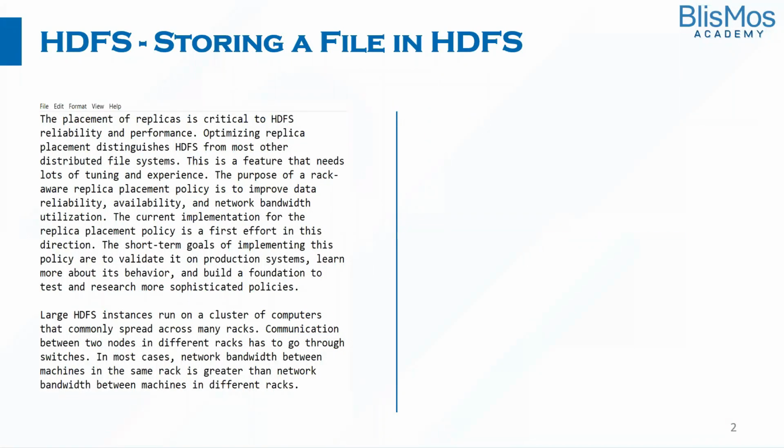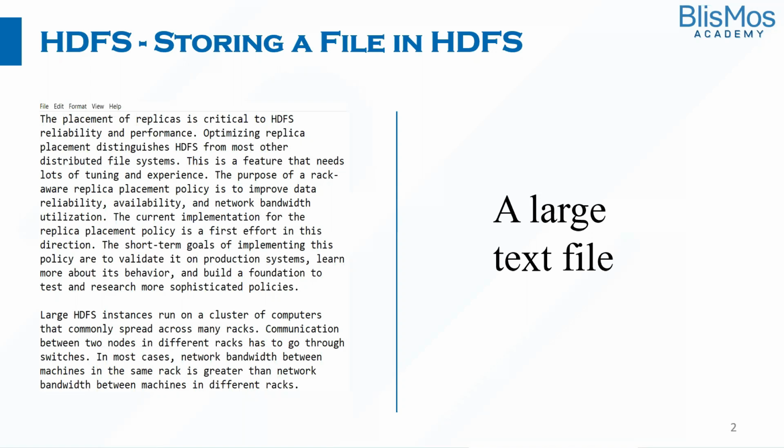Assuming that you have a very large text file, if we were to store this particular file in HDFS, what exactly happens? How is it stored? For the sake of this discussion, understand that this file is 1 GB in size. We want to store this as a part of HDFS.